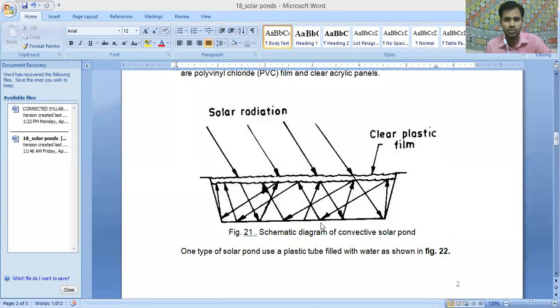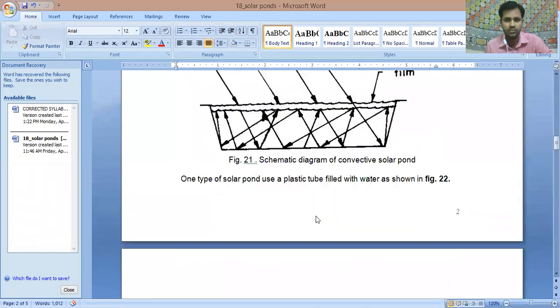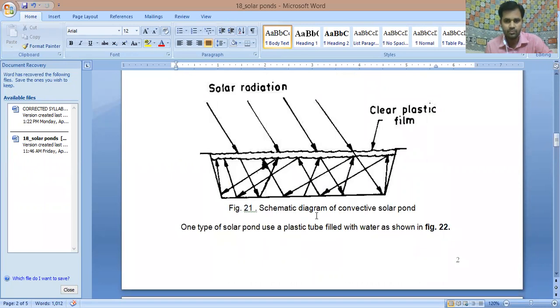Okay, so here you can see a schematic diagram of the convective solar pond. This is the clear plastic film. The solar radiation is incident, and these rays are hitting the water.